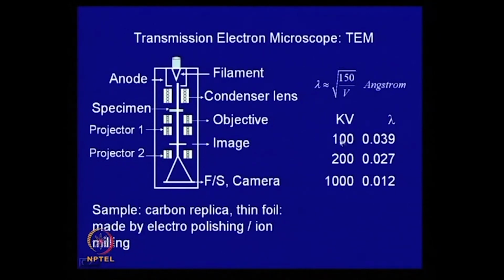If you calculate this, even if you use 100 kilovolt, you get a wavelength of 0.039, which is much smaller than the wavelength of X-ray. So, its resolving power is much more, and it can also penetrate thin foil. Therefore, the resolving power of modern microscopes is very close to atomic plane resolutions.